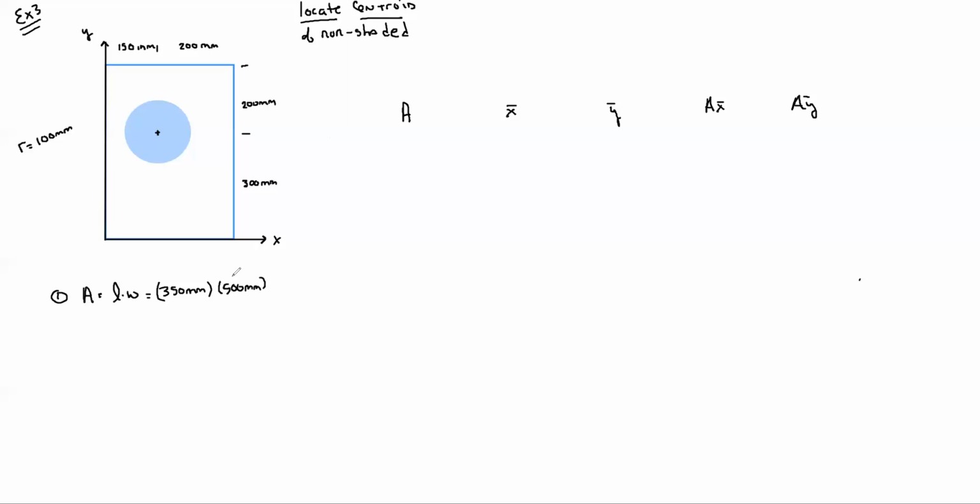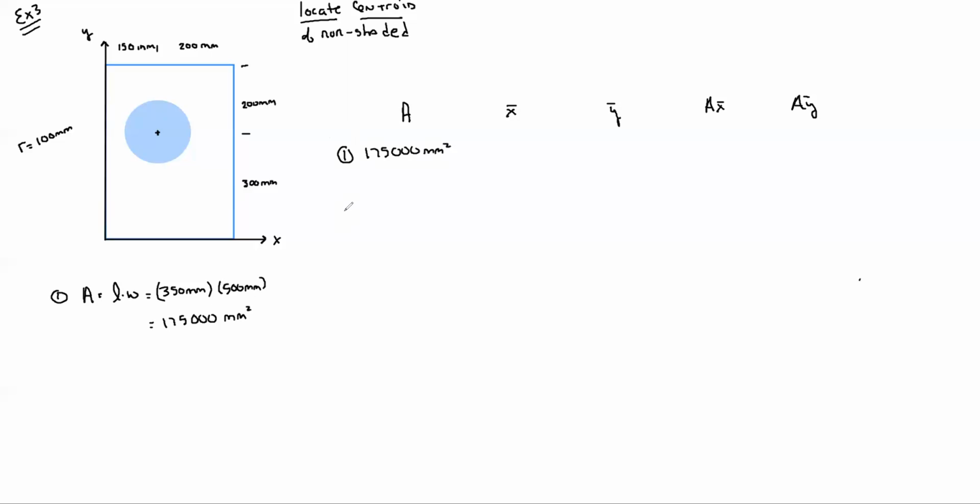If we multiply those together, we get 175,000 millimeters squared for shape 1.